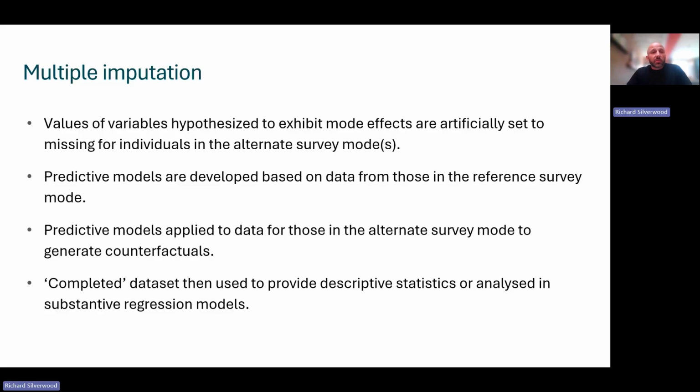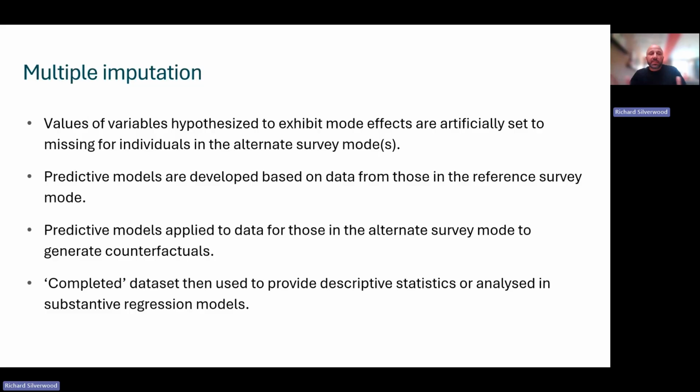So if we're trying to use multiple imputation to handle mode effects, what we would do is consider, as I say, the values of variables that are considered to potentially exhibit mode effects. We would artificially set those to missing for individuals who were in fact observed under the alternate study modes.